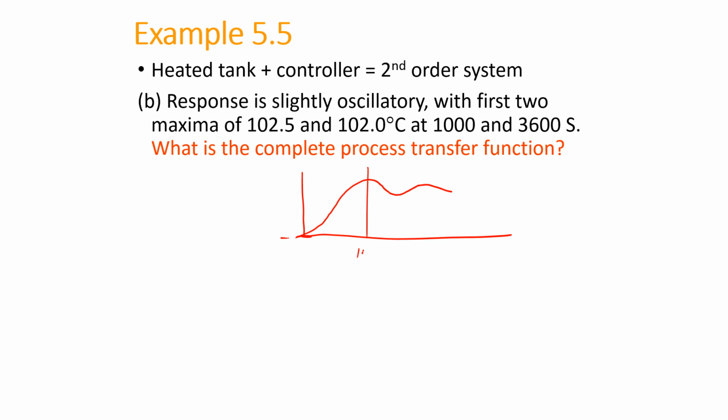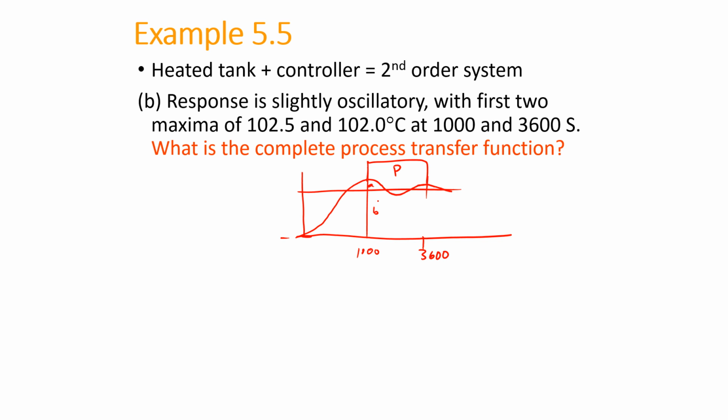The first one's going to be at 1000, and I didn't really draw this to scale, but to 3600 seconds. And then from this, just like we showed from the period, we also had the overshoot. So A and B.